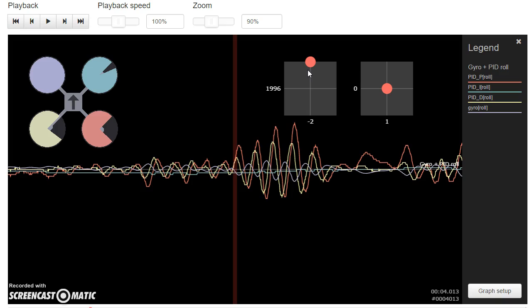Although the motors have a lot of energy, the vibrations become so high frequency that they're easily filtered out. So if you had an oscillation at, say, 1750, but not at 1850, I would think that was a balance issue that you'd need to fix, either the thing that was out of balance or by filtering it better. But because we see that these oscillations get stronger and stronger as the throttle goes up and then weaker as the throttle goes down, that's probably more indicative of excess P gain.